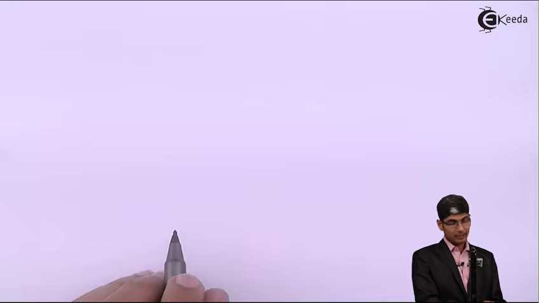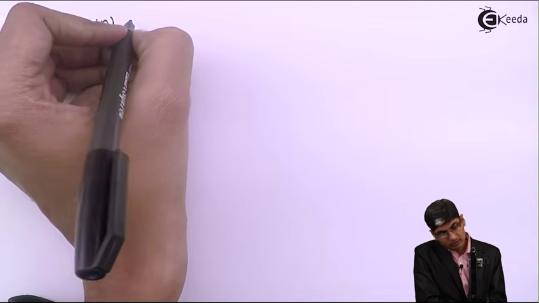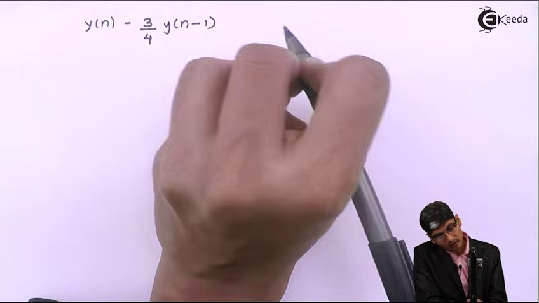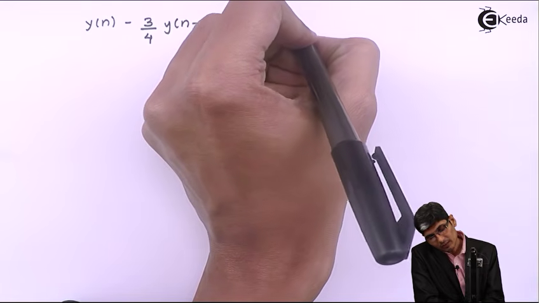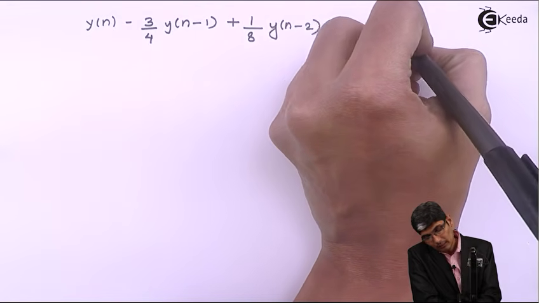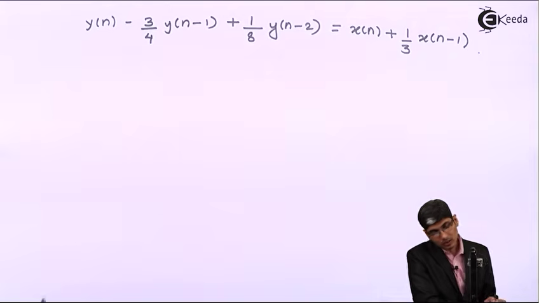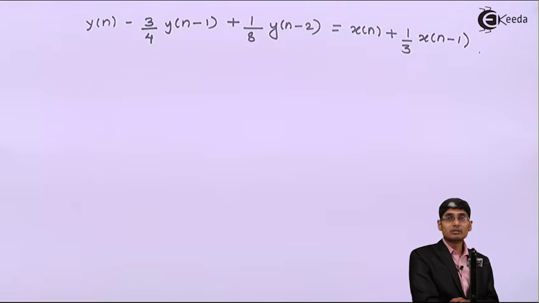The problem for today is stated as: obtain a direct form 1 realization of a system described by y of n minus 3 by 4 y of n minus 1 plus 1 by 8 y of n minus 2 equal to x of n plus 1 by 3 x of n minus 1.